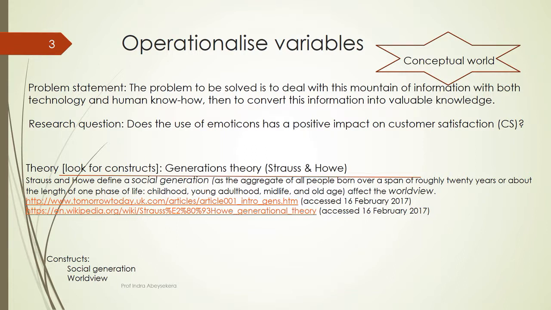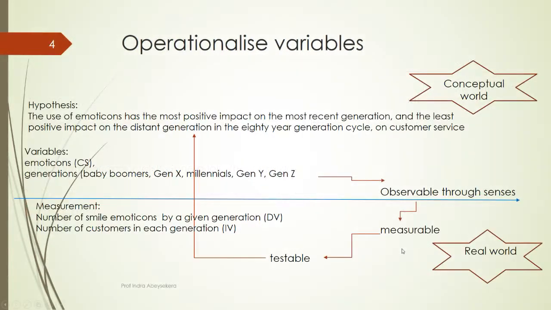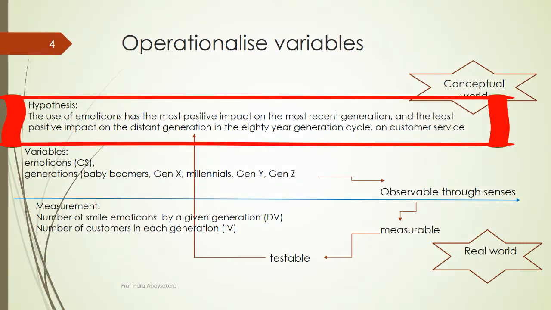So looking at the problem statement, research question and theory, let's develop a hypothesis specific to the research question. We can state: the use of emoticons has the most positive impact on the most recent generation and the least positive impact on the most distant generation in the 80-year generation cycle on customer service.